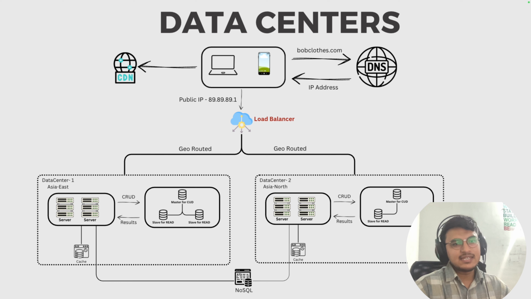Now, there are some key challenges, like traffic redirection and GeoDNS for location-based routing, which is a challenging thing. Data synchronization should be there, because the hardest part of multi data center design is database synchronization. Each data center has its own database, so you have to keep them in sync. There are different strategies like synchronous replication and asynchronous replication.